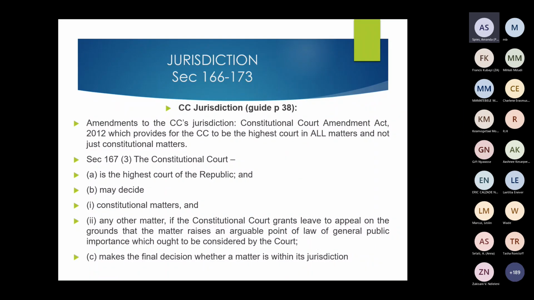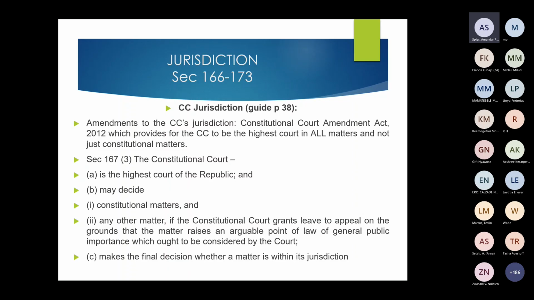So what does the text provide for? So the Con Court is now the highest court of the Republic and may decide, obviously still, constitutional matters and any other matter if the Constitutional Court grants leave to appeal on the grounds that the matter raises an arguable point of law of general public importance, which ought to be considered by the court.